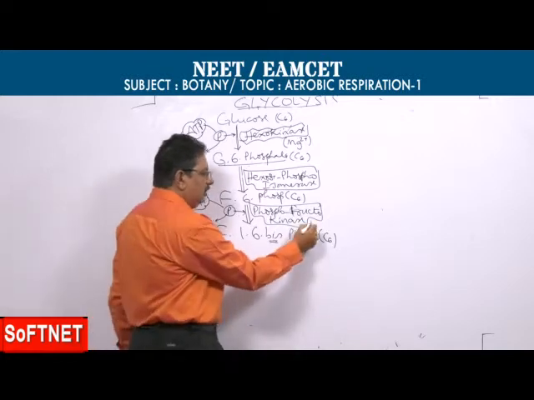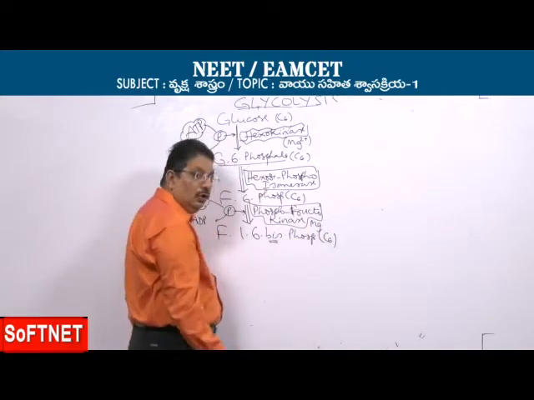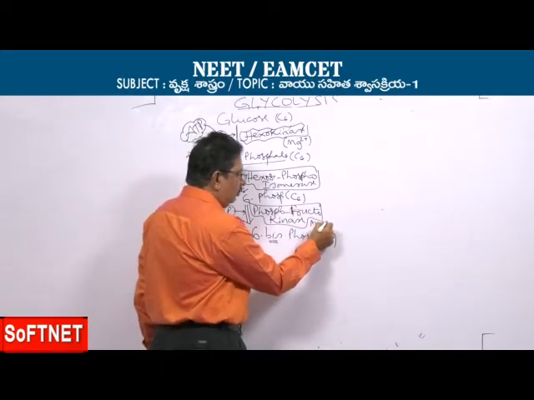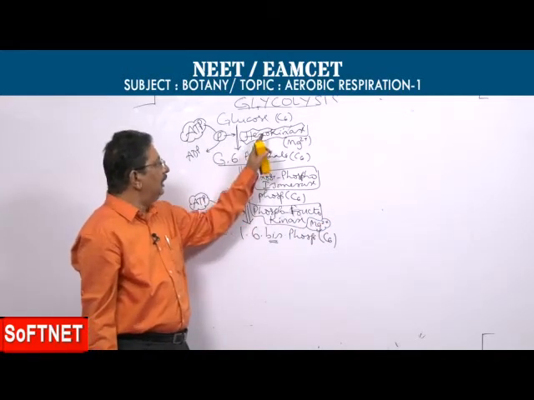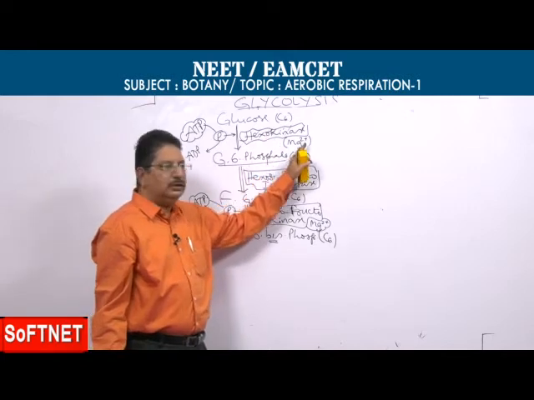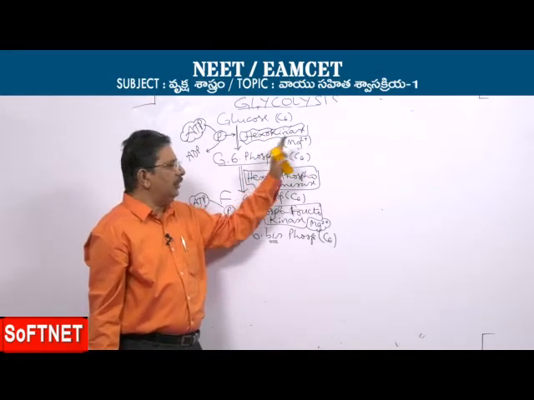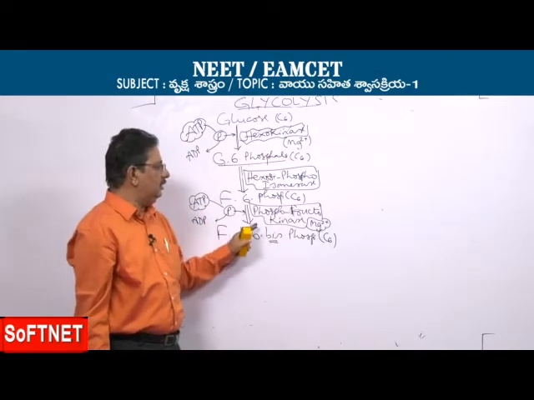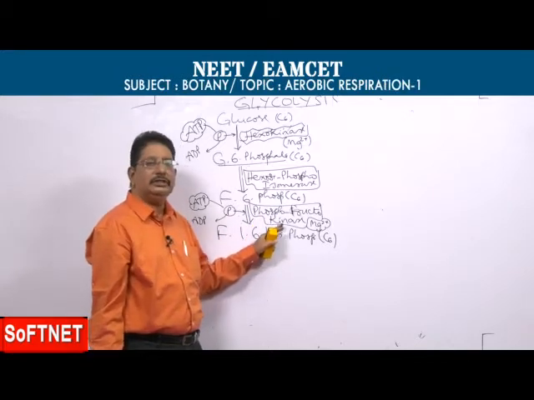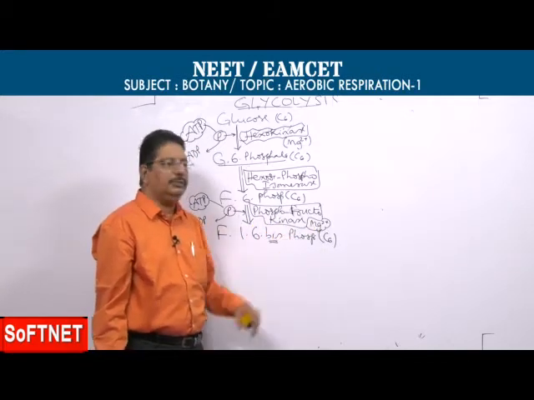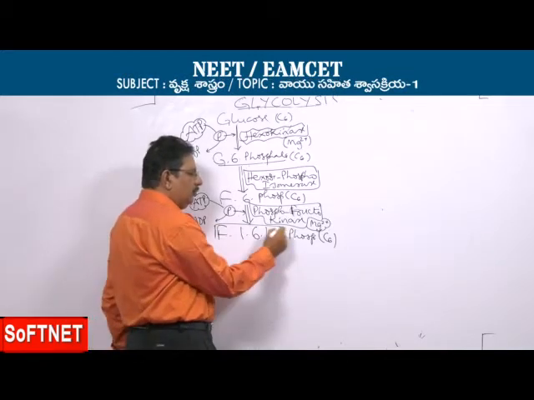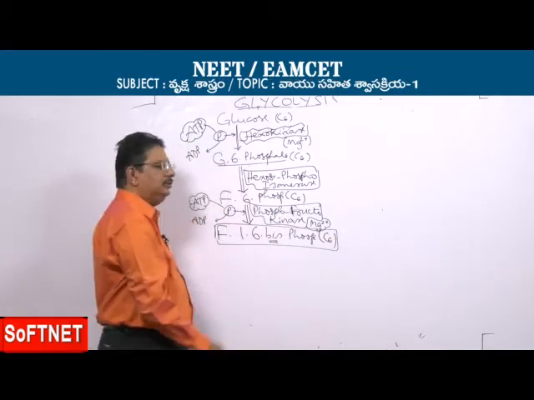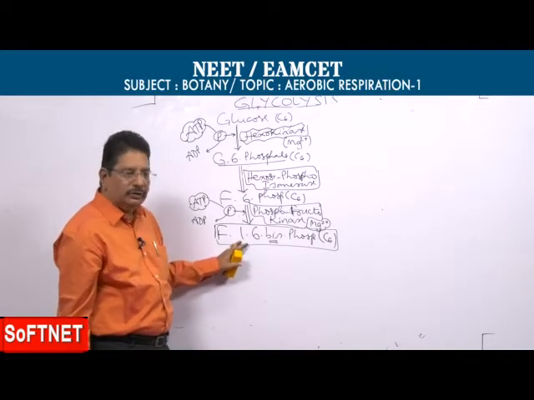Phosphofructokinase is also a holoenzyme which requires magnesium help. So, hexokinase is an enzyme with a magnesium cofactor. Phosphofructokinase is another holoenzyme with magnesium as a cofactor. Now, a hexose molecule with 2 phosphates is formed.